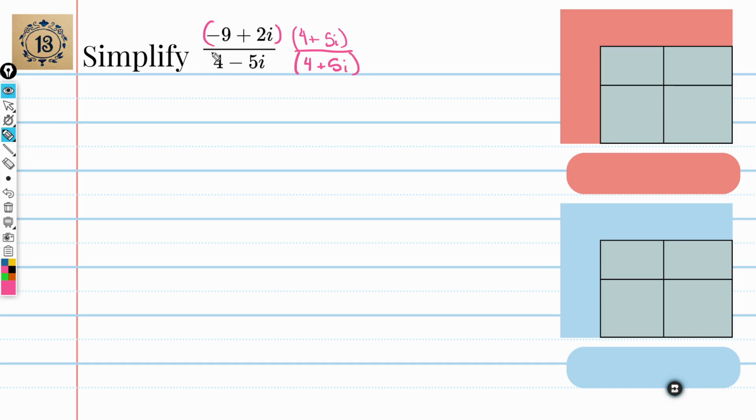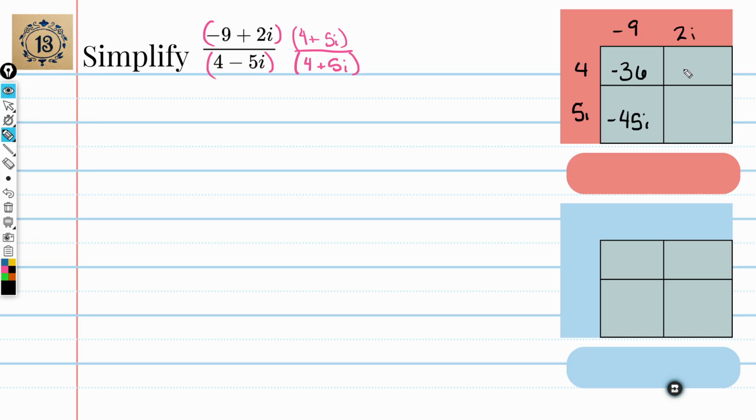And then we're going to multiply our numerators together, the two fractions, and our denominators together. So 4 plus 5i and a negative 9 plus 2i. So that's going to give us a negative 36 and a negative 45i when we multiply our first column.